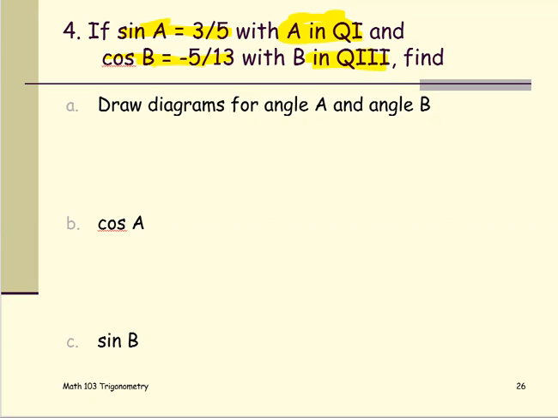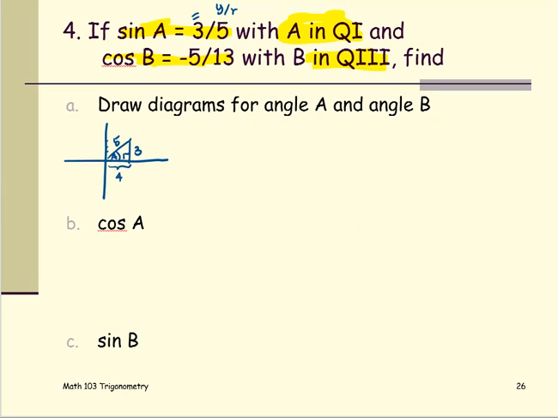The first one, in the first quadrant, sine is y over r, where y is 3 and r is 5. Therefore, x is going to be 4 using the Pythagorean theorem. This is angle A.